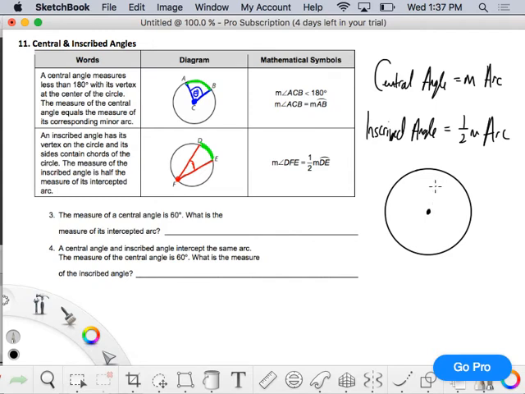Let's say I make that angle 90 degrees. Here's my 90-degree angle. Well, how much of the circle is in that arc that it intercepts? Half of the circle, the whole circle, a quarter of the circle, right?